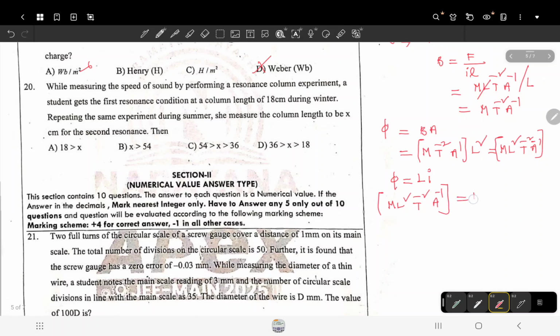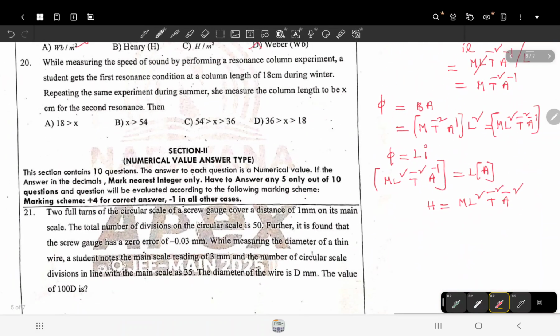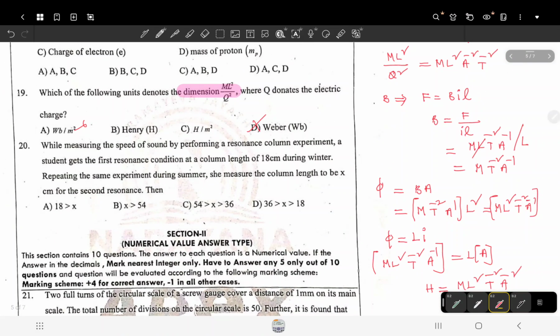Into L into I, if I comes to the left side, we have Henry equal to M L square T power minus 2 A power minus 2. Therefore that is matching with ML square A power minus 2 T power minus 2. Therefore the answer is Henry.